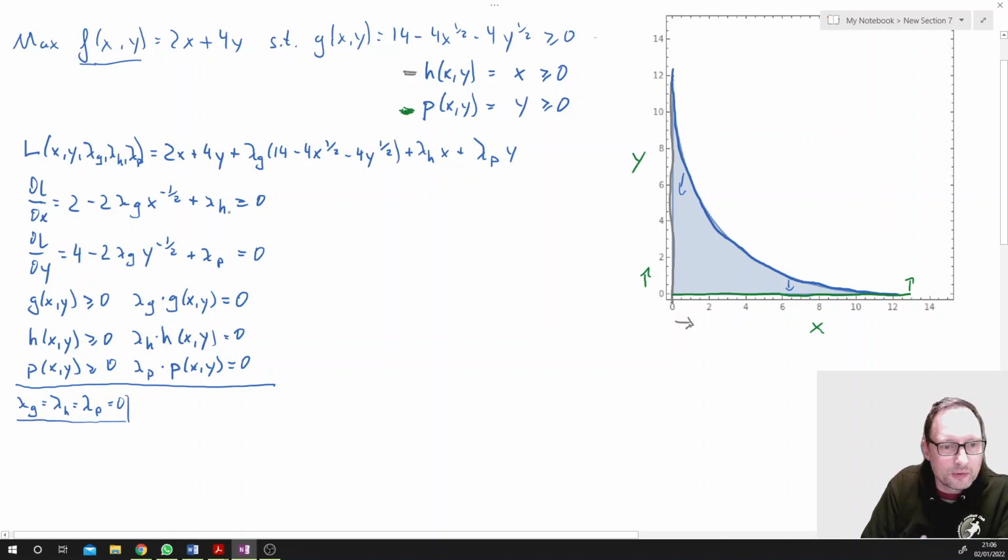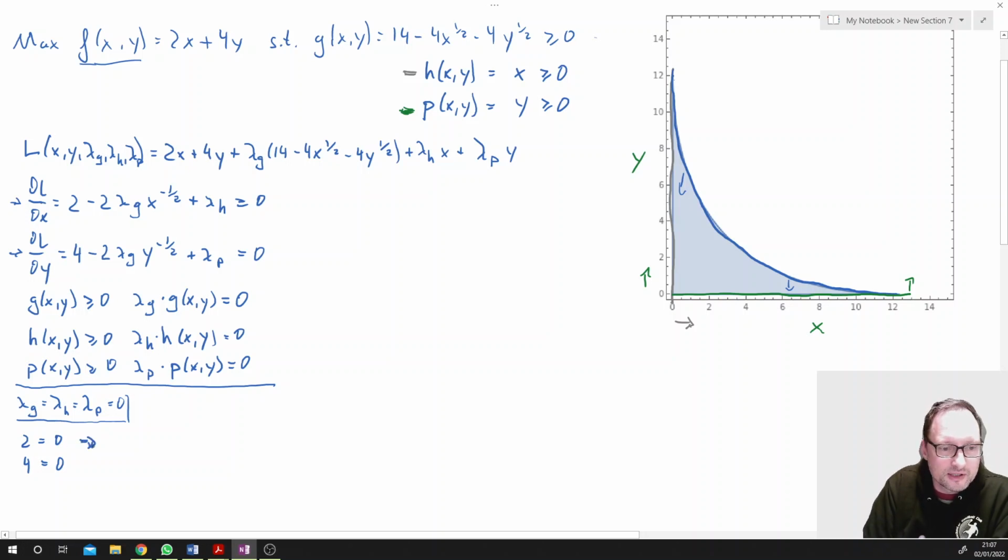That makes our Lagrangian necessary conditions a little bit easier because all the lambda terms fall away. And that means that from the first two necessary conditions, we get 2 is equal to 0 and 4 is equal to 0. Of course, that is impossible because 2 is not equal to 0.